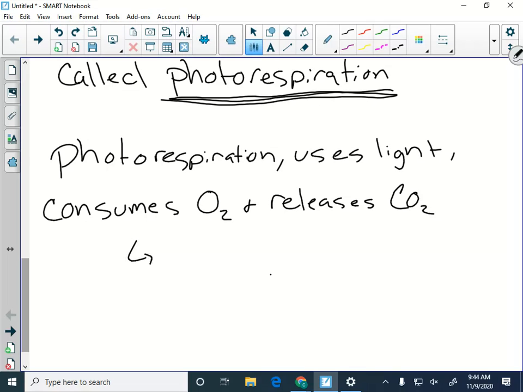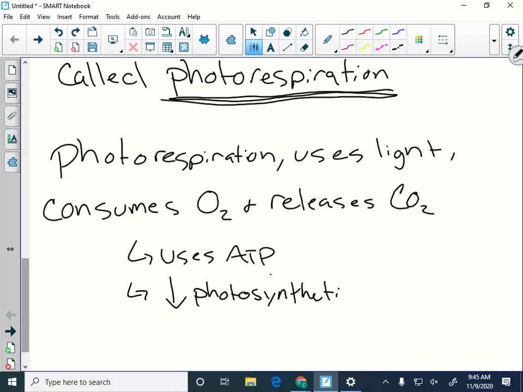This uses ATP. Not super great. It decreases photosynthetic output. So even though it is releasing our inputs to photosynthesis, it's not increasing our photosynthetic output. It is costly and pointless.